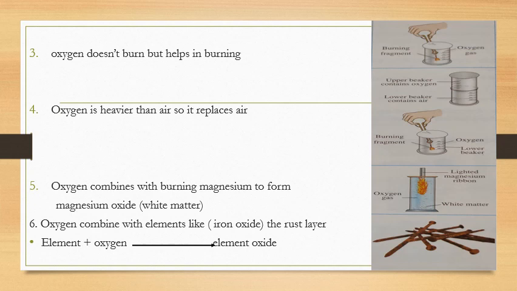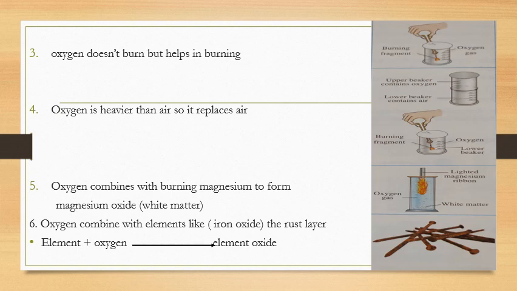If we look at the last picture, we have an iron rod containing a rusted layer. Iron is a metal, just like the element magnesium, and oxygen gas reacted with it. The reaction between the iron and the oxygen gas in humid air resulted in an element oxide, which is iron oxide, the layer of rust.